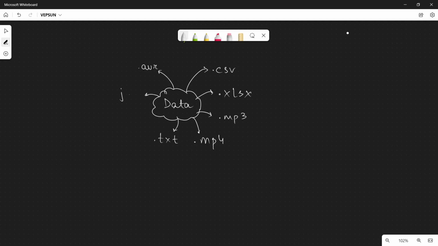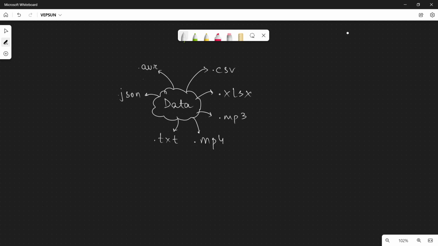Data can be generated in JSON form. Let's say you are visiting Flipkart, Amazon, you are visiting Facebook, Instagram, multiple other platforms. Over there, the data which gets generated by your clicks is in the form of a JSON file.